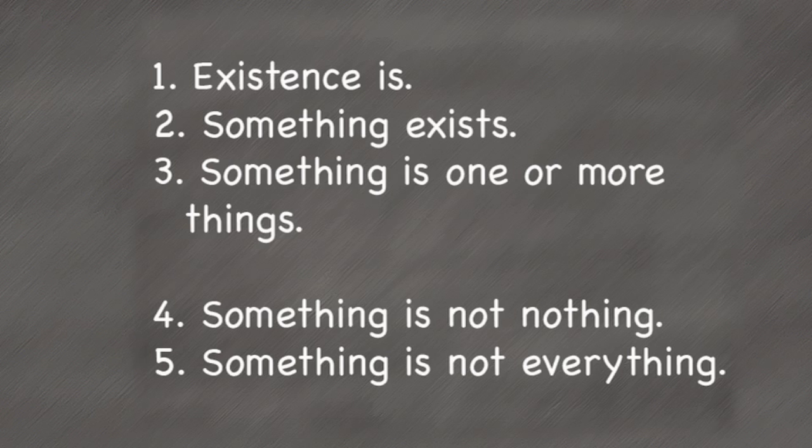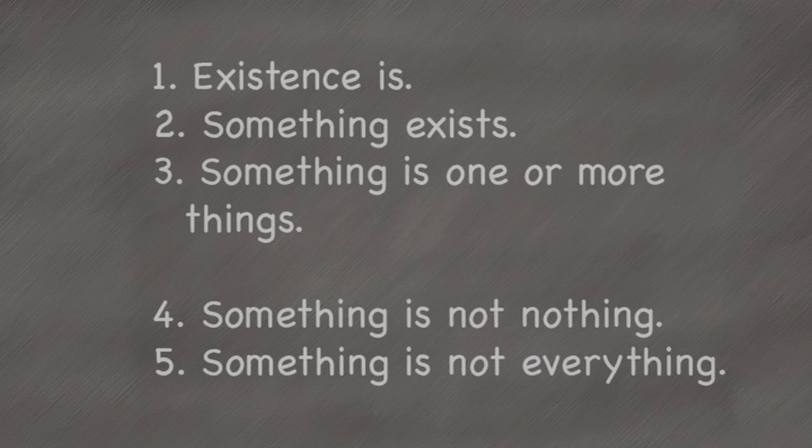The statement that something is not everything is nothing more than a definition that some is not all, 1 does not equal infinity, something like that. The statement something is one or more things is just setting a definition that some is 1, 2, 3, 4, some set of values that are neither everything or nothing.